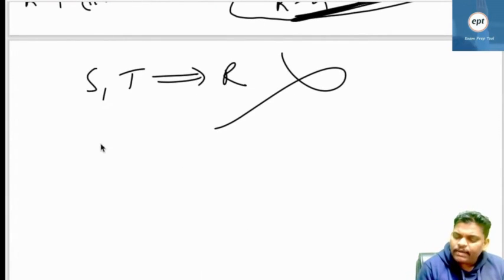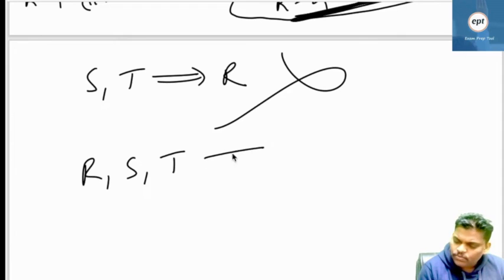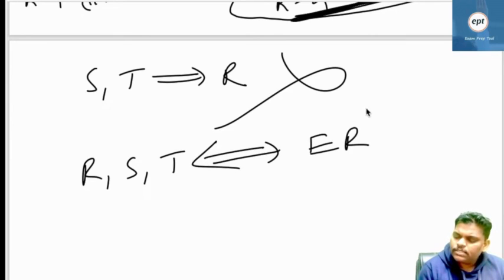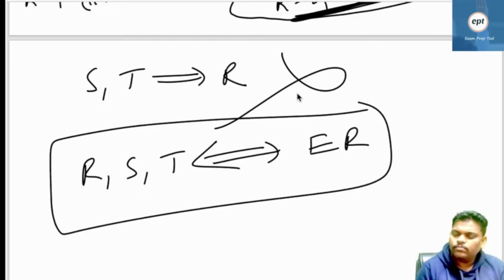So see this one. See everyone now. Reflexive, symmetric, transitive, then equivalence relation. Equivalence relation means these three should be there.